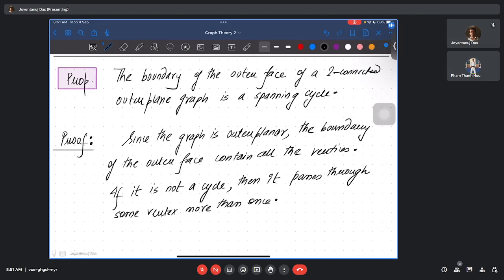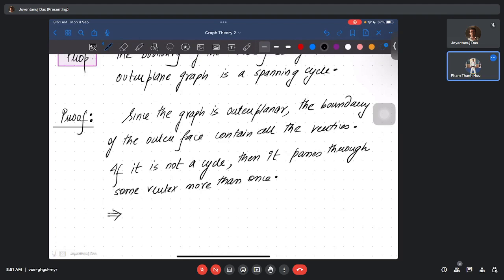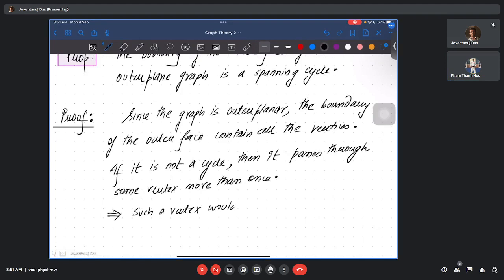Only then is it not a cycle. But if it passes through a vertex more than once, such a vertex would be a cut vertex.